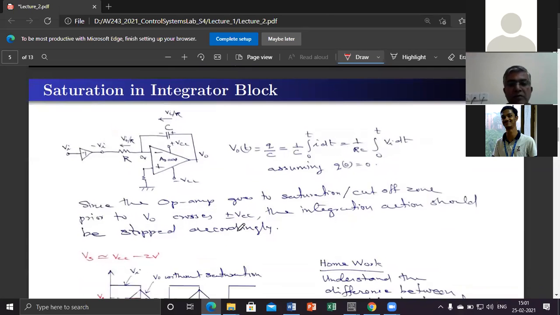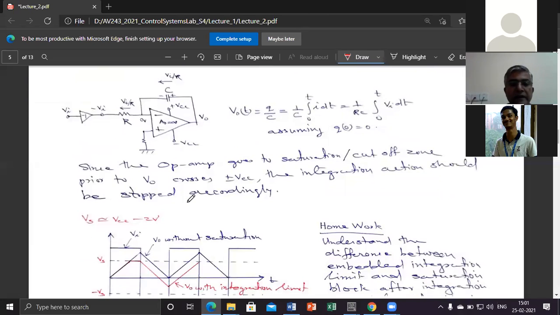Now, the op-amp goes to saturation or cutoff zone prior to V naught crossing plus or minus VCC. Hence, this output voltage V naught cannot exceed plus VCC or minus VCC, because the op-amp will go to either cutoff or saturation. Hence, the output voltage will be limited.